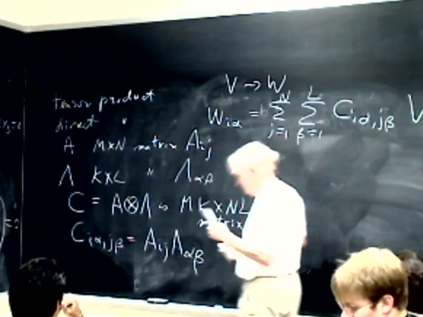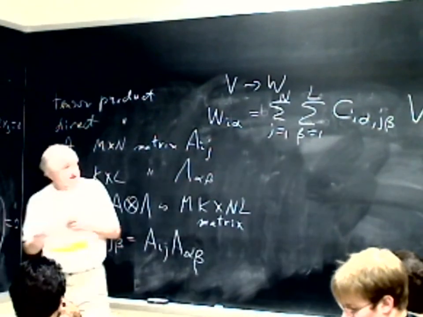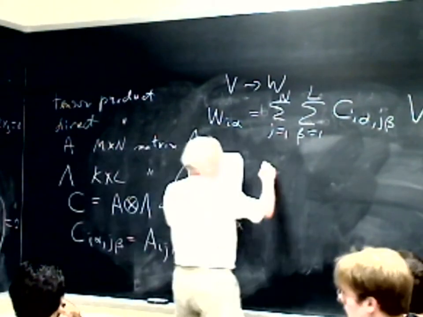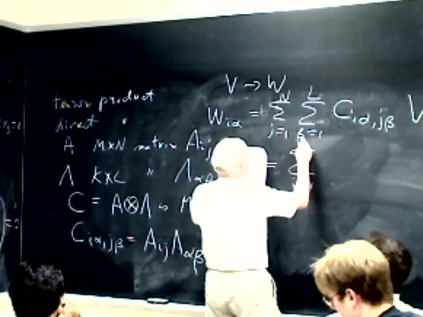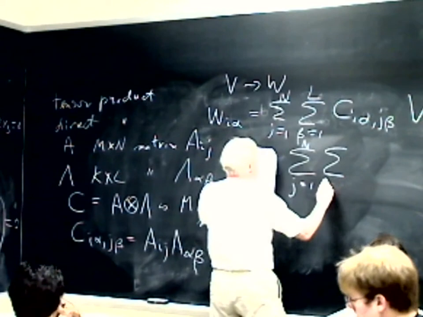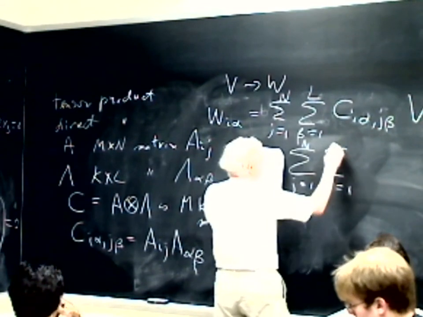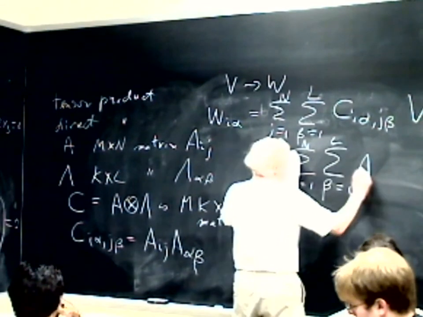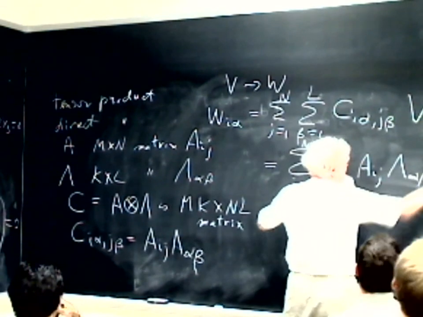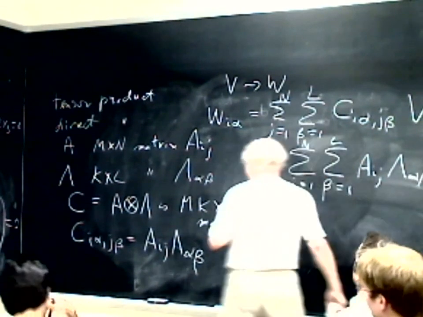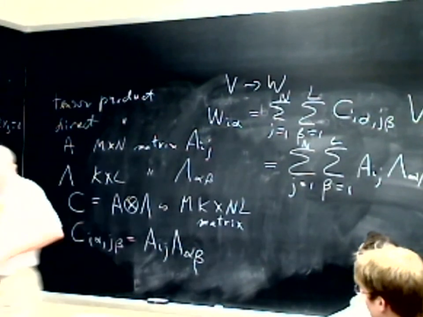Okay, so that's how it works, and equivalently, that's the sum j equals 1 to n, sum β equals 1 to L, A_{ij} Λ_{αβ} V_{jβ}.